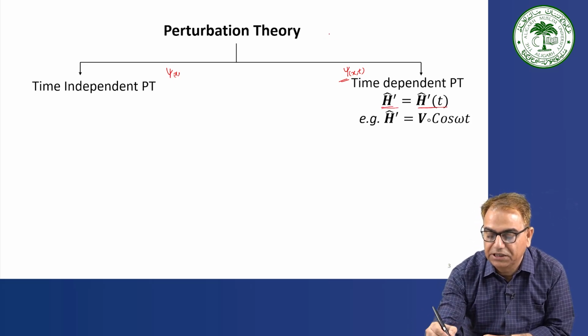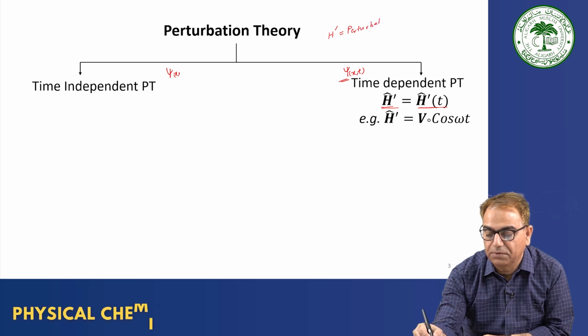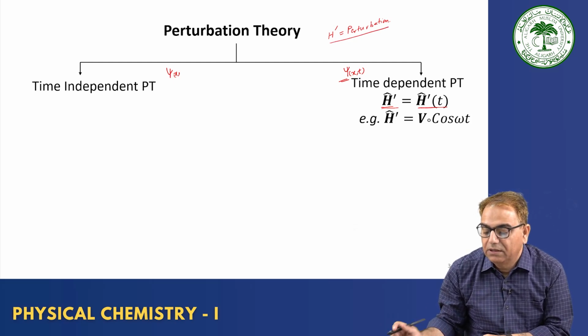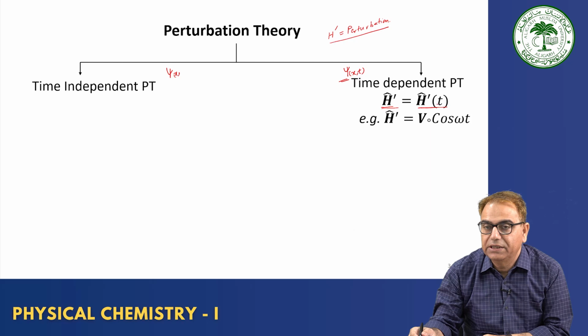Wherever I have written H prime in this module, it is actually the perturbation or disturbance, whatever you want to say. The prime symbol indicates perturbation. So the disturbance which you are creating is actually dependent on time, and this we write as V naught cos omega t.